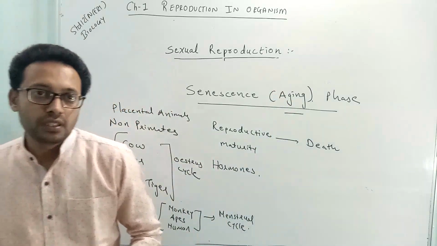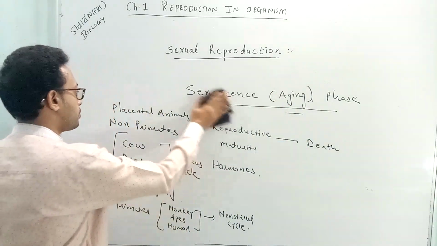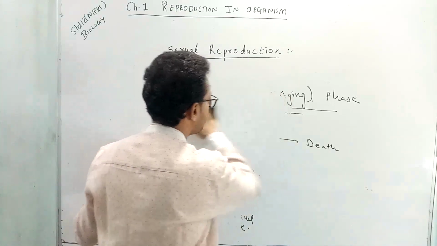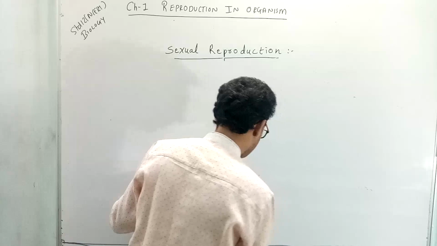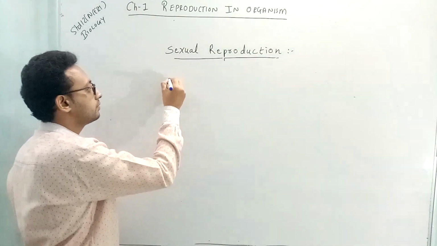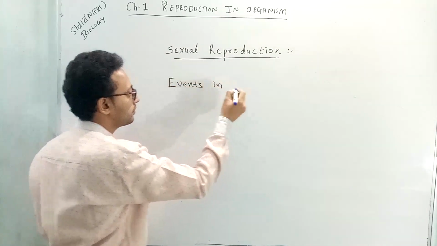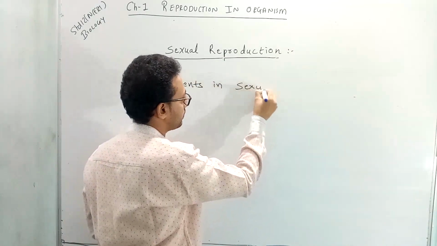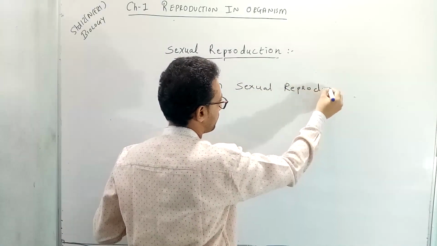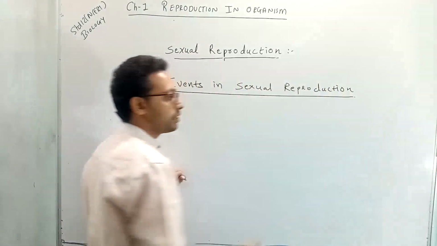Now we start with a very short topic, an introduction of events in sexual reproduction. So which are the events that occur in sexual reproduction?